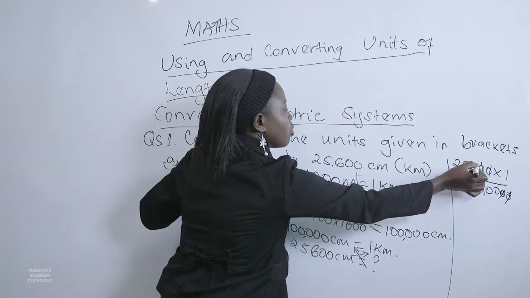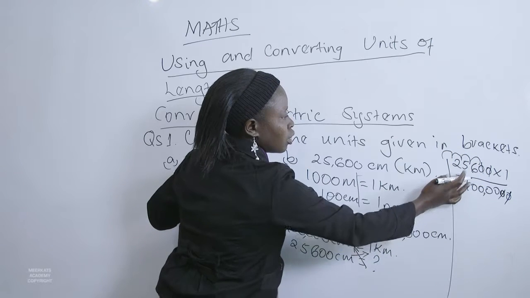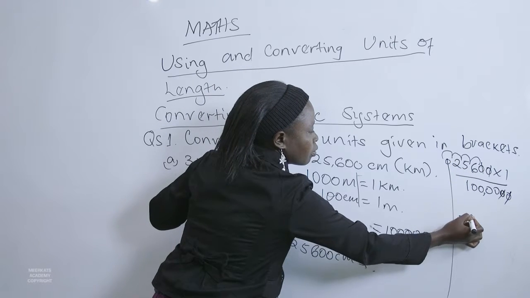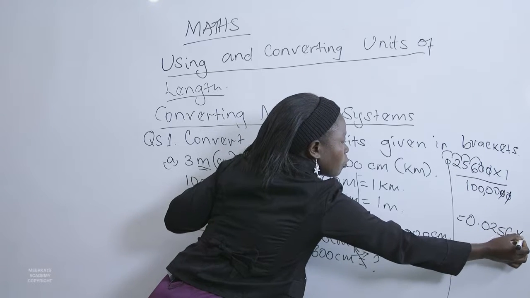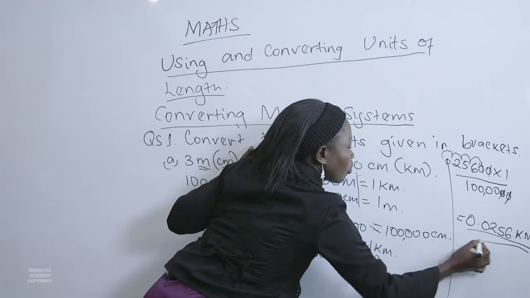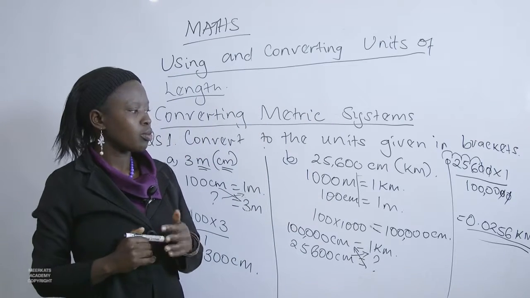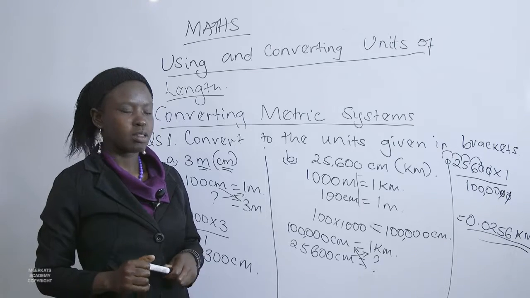So this means we move our decimal place 4 steps to the left. So that our answer will be 0.0256 kilometers.